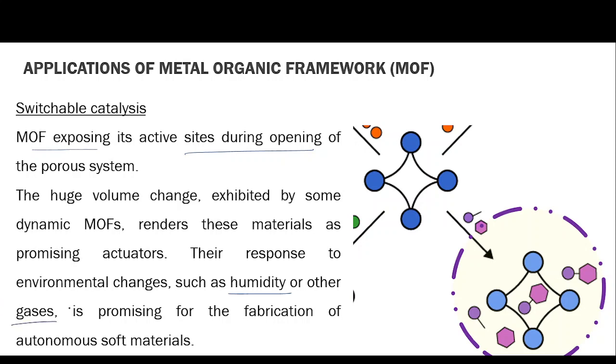Or in the presence of some gases, suppose we need only carbon monoxide conversion, not nitrogen conversion, or the nitrogen need not be absorbed on it. So the MOF would sense only the carbon monoxide, then the pores change, the carbon monoxide is let in, and the catalysis takes place. So these are called switchable catalysts, or smart catalysts. These are the next generation catalysts that are being developed.